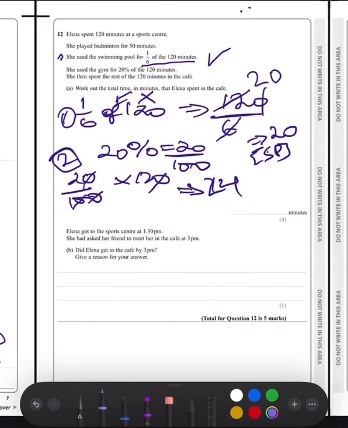I'm going to write it at the top over here. So the other method is that firstly you can do 10% of 120, which would basically give you 12, and then you could do 20%. And basically multiply 12 into 2, which gives you 24. You can always pause this video to answer this or to note this down.